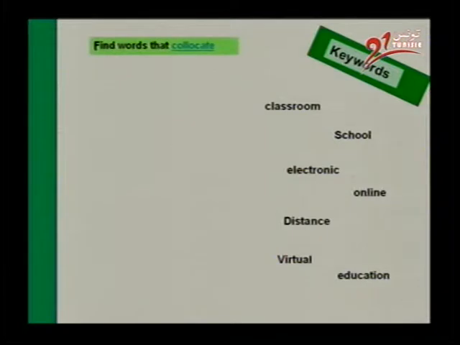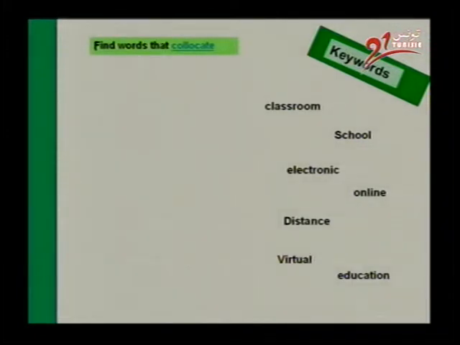For example, we have the group related to education, such as classroom, school, and we have another group related to computer, like electronic, online. Here I'd like you to try to combine words from the first group with words from the second group, to find some collocations.